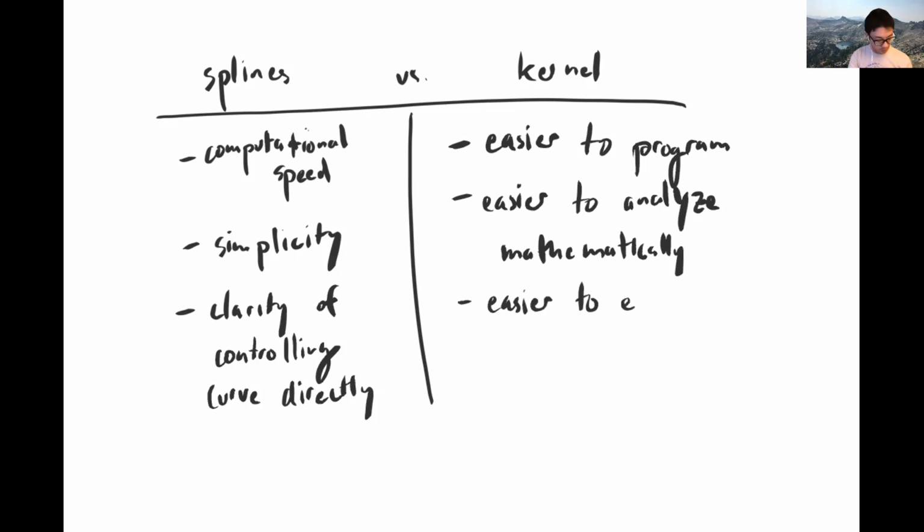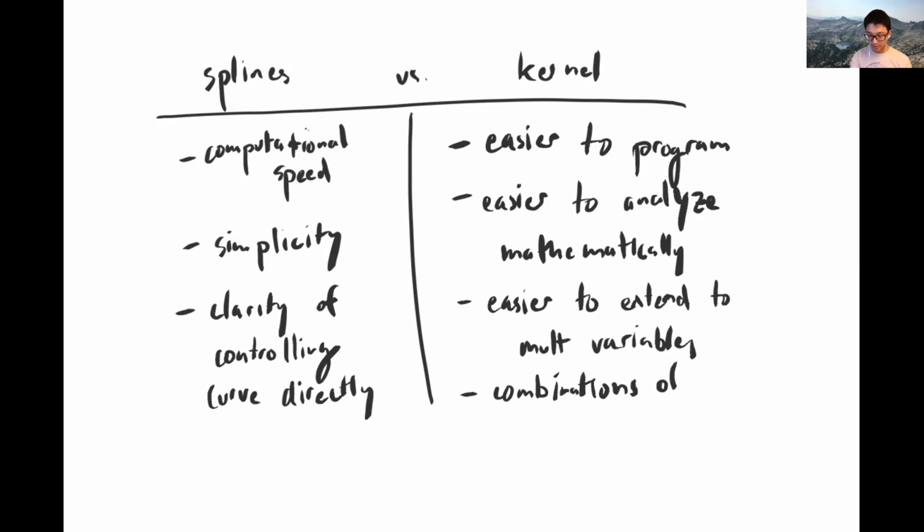Easier to extend to multiple variables. And then combinations of discrete and continuous variables is easier.